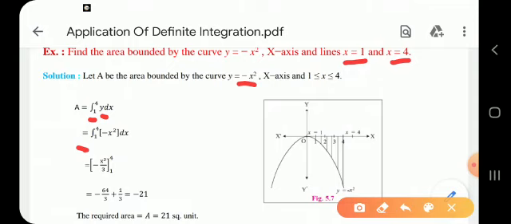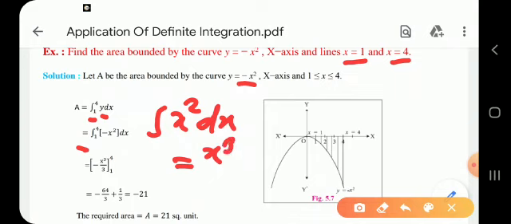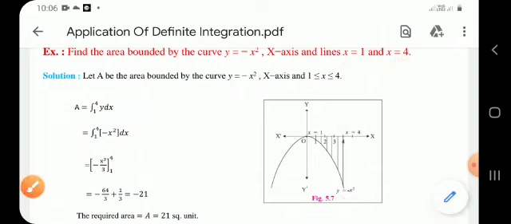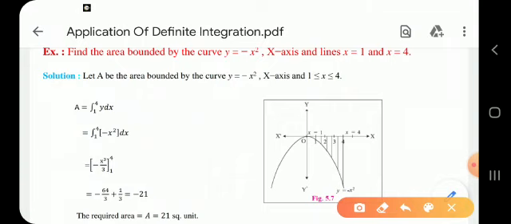Now again we know integration of x square dx is x cube upon 3. We replace this x cube upon 3 inside the bracket, and the limit is from 1 to 4. Now we put the upper limit first.